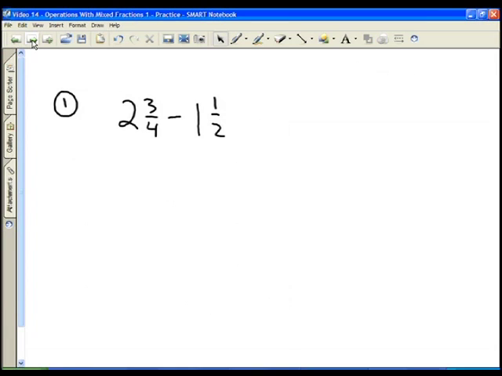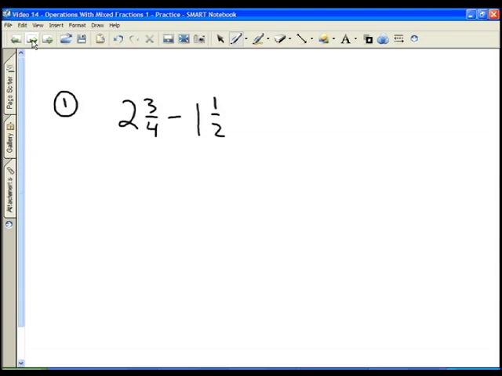Okay, question 1, 2 3/4 minus 1 1/2. These numbers are pretty small in terms of my denominators. I'm going to convert these to improper fractions, then perform the subtraction with a common denominator.